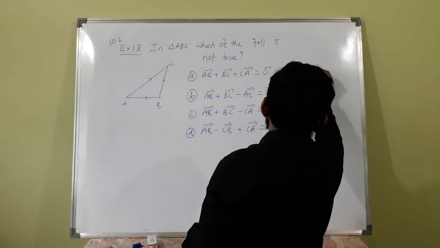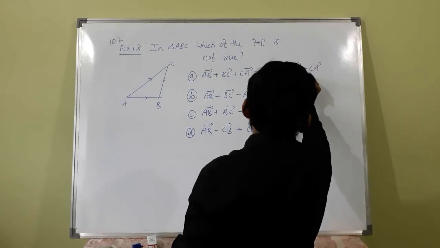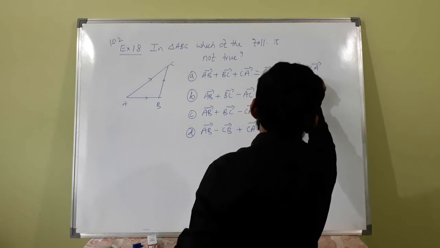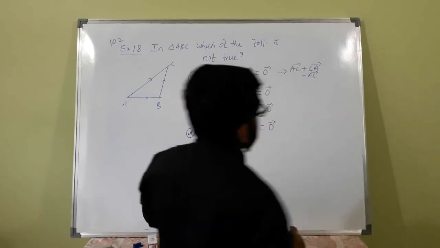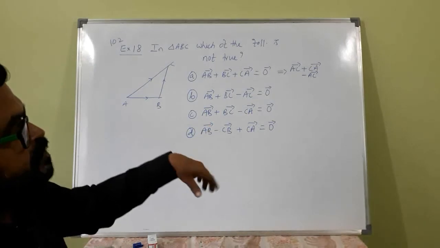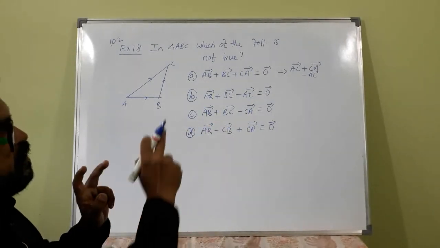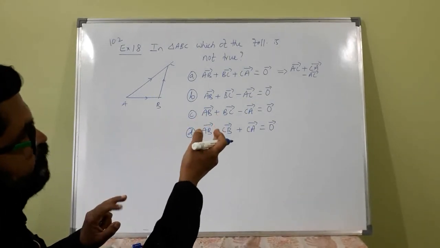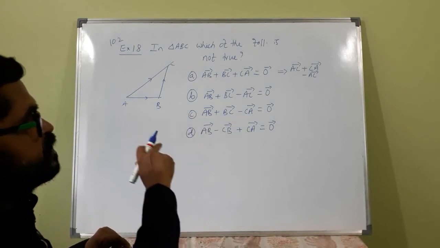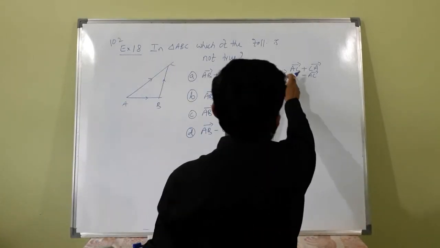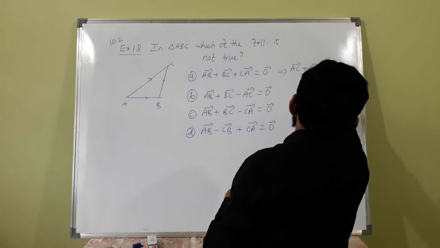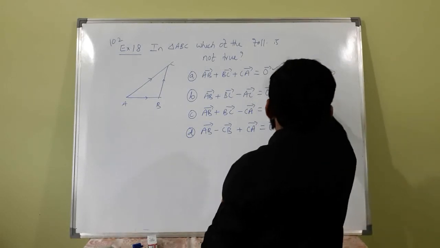Plus CA means this is nothing but minus of AC. Here magnitude remains same but direction reverses, that is C to A, that is negative of A to C. So AC gets cancelled, so this will be 0, since this is correct.